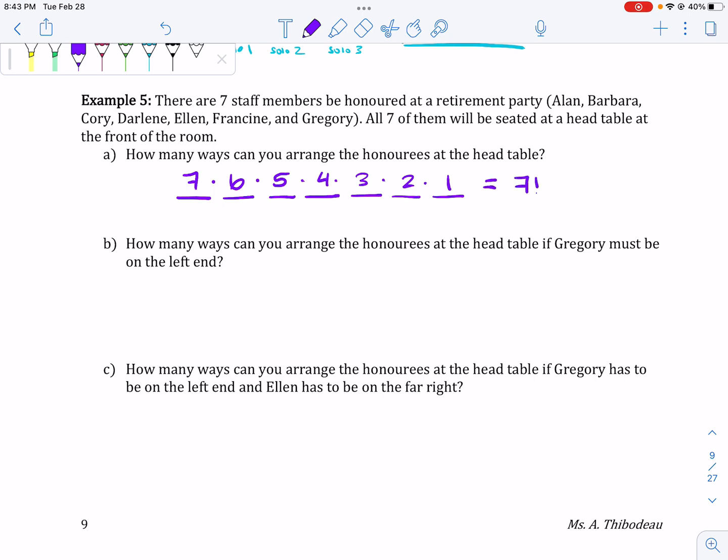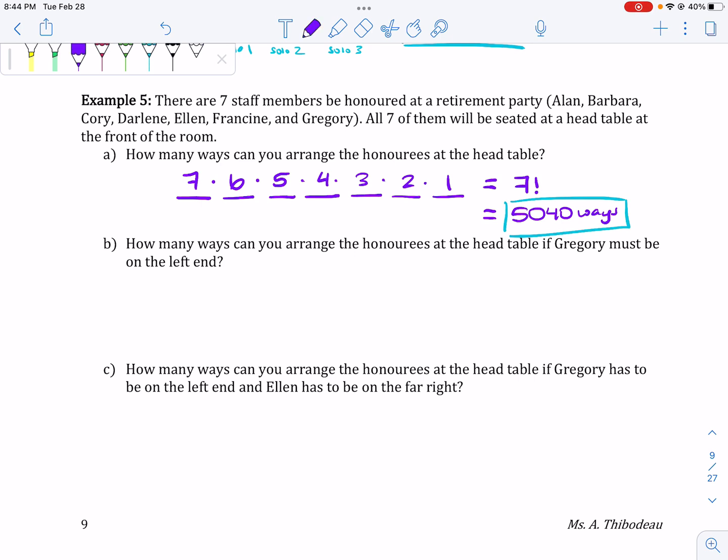This particular question ends up with factorial notation. I can plug in 7 times 6 times 5 times 4 times 3 times 2 times 1 if I want, or I can go ahead and calculate 7 factorial. And that's going to give me 5,040 ways to arrange these 7 individuals at the head table.